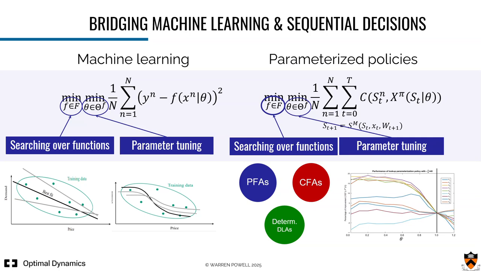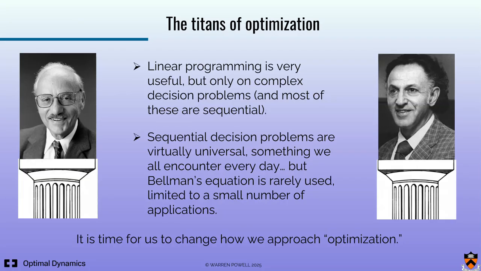Now, when you look at machine learning and stochastic optimization with parameterized policies, it starts to look much more similar. This is a very different way of thinking about optimizing in the presence of uncertainty. I think it's much more powerful and a lot more practical.